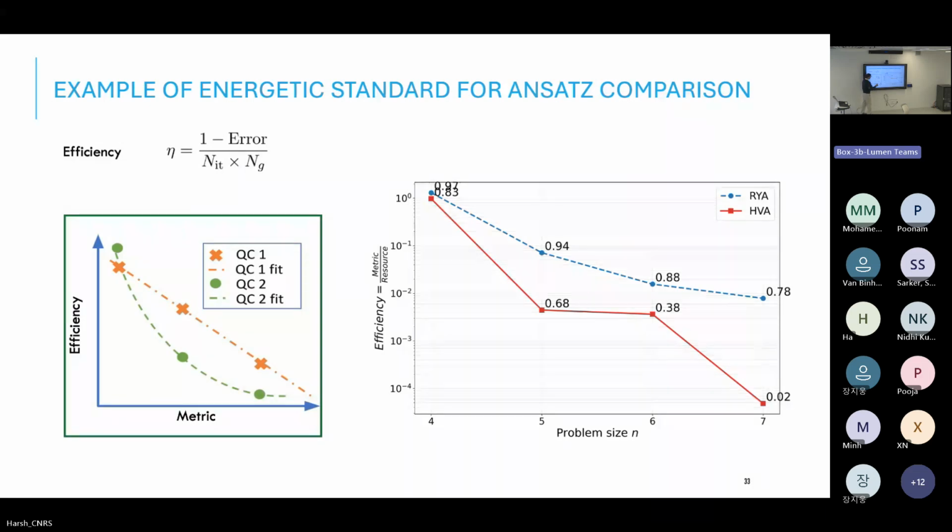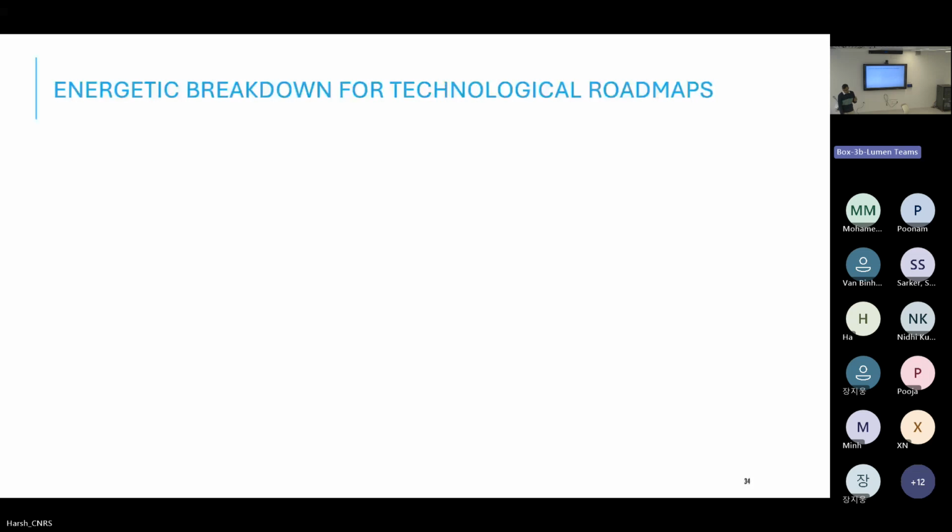But if I look at the scaling of how this efficiency goes with some metrics such as problem size, I could effectively say that indeed QC1 is doing better for larger problem sizes. These are the behaviors that we want to illustrate. And for that, I compared two types of circuit design, that is, using two different ansatzes, standing in for two different quantum computers for now. But this gives us insight about how to build these relations.